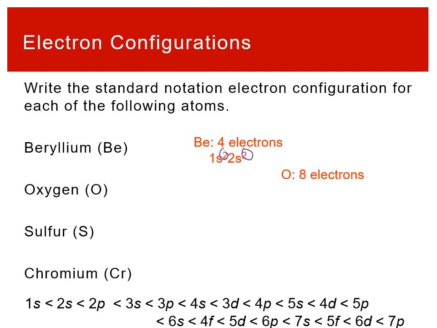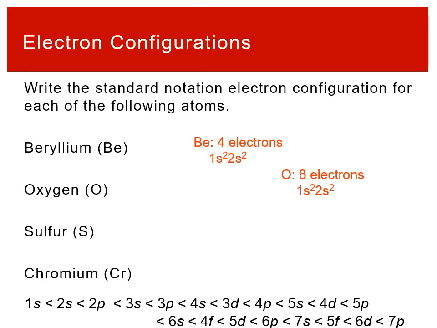Oxygen is 8 total electrons. I want to ask the question, what's the lowest energy? For beryllium, I already answered for the first 4. It was 1s2, 2s2. So I'm going to go through the same process. I get 1s2 for the lowest energy, and then 2s2. In beryllium, those first 4 electrons filled the subshells.